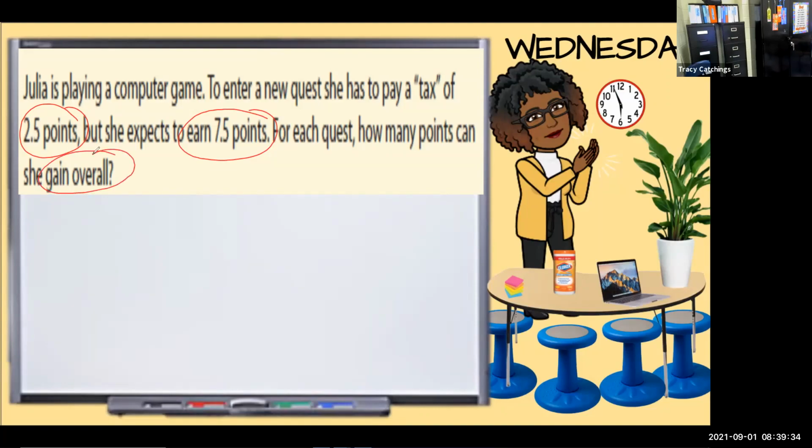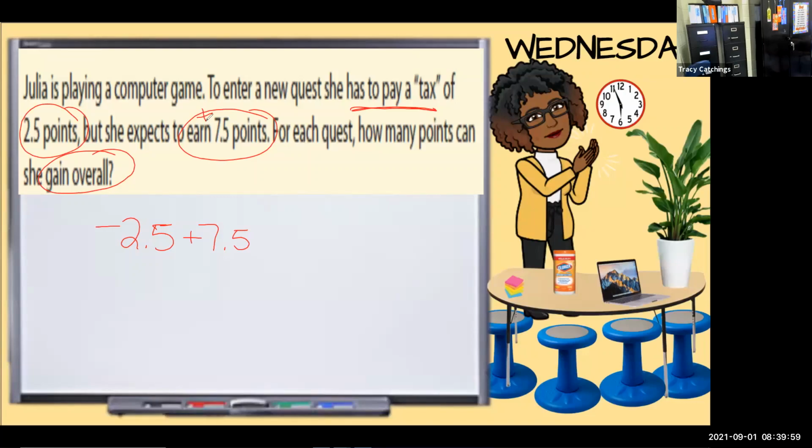That ain't important when we ain't trying to take. So we got our 2 numbers and then they said we gain it overall. Now I say has to pay a tax. Gain means go up. Well, they said earn, so yes, that means go up.